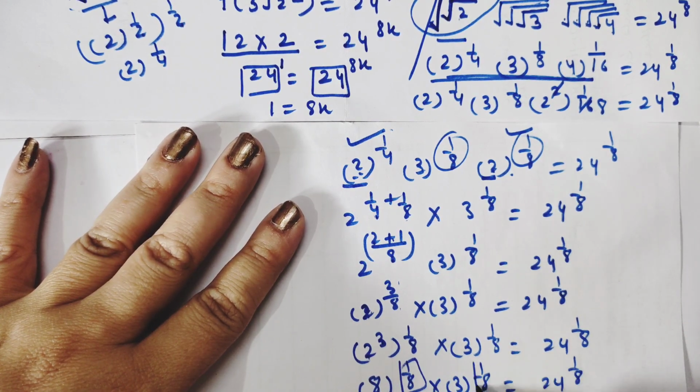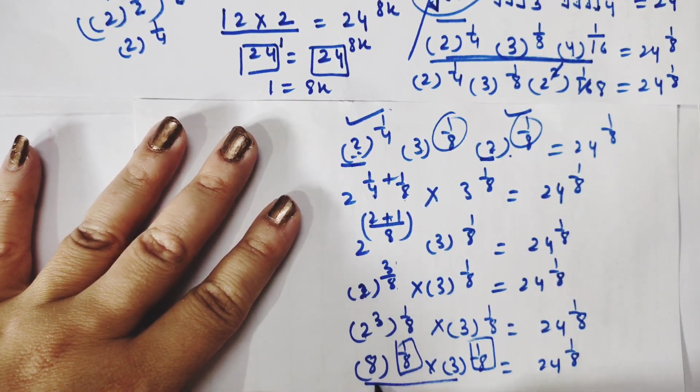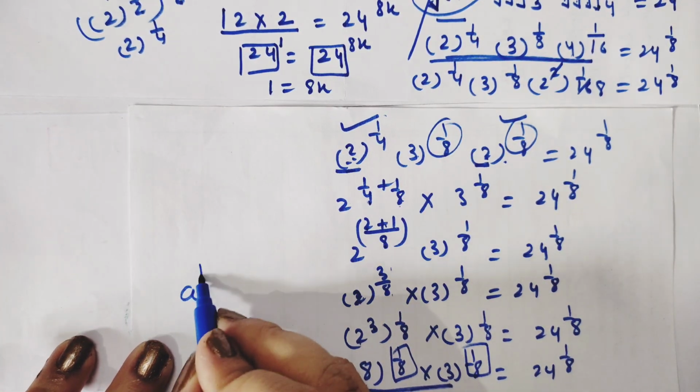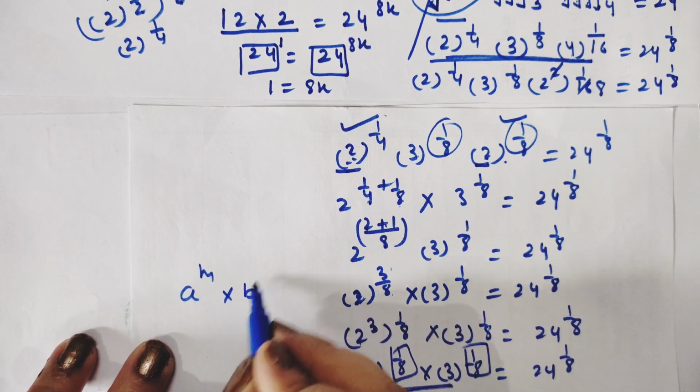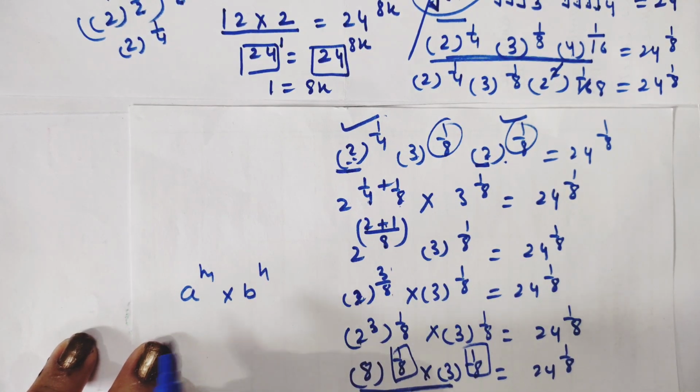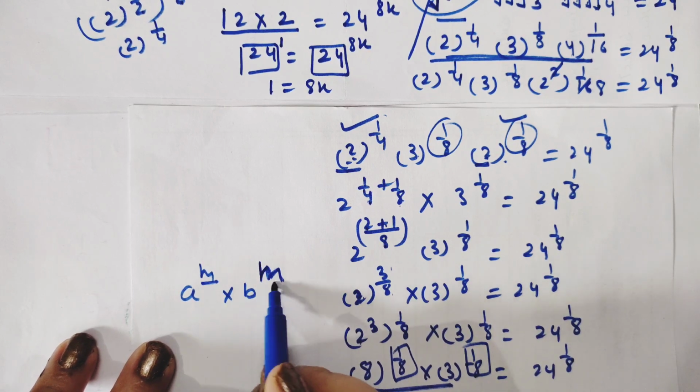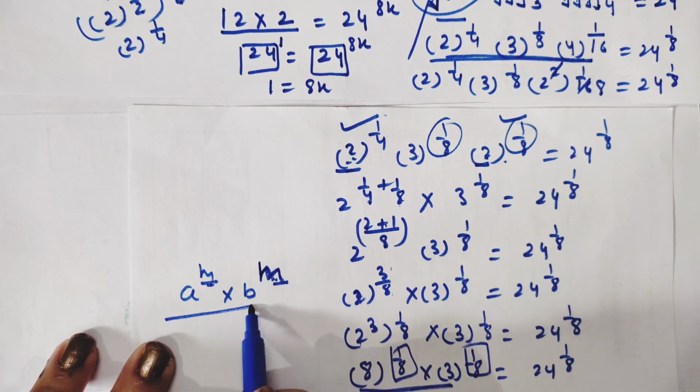If the powers are the same, can we multiply these by the law of exponents? See, a power m into b power m. If the power is the same, both powers m and m are the same but the bases are different.